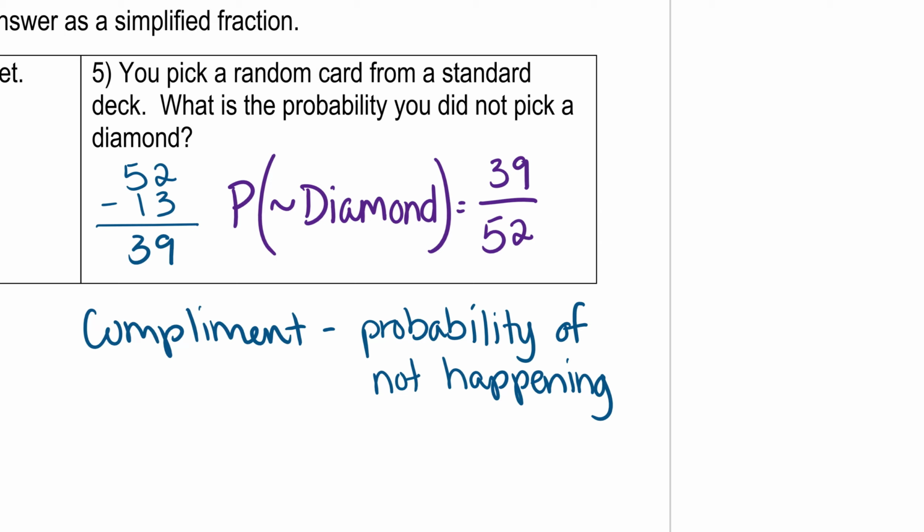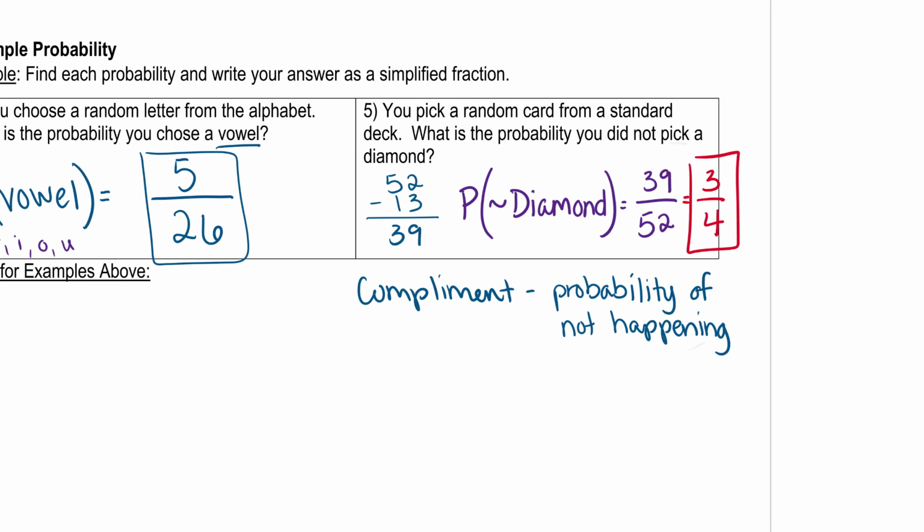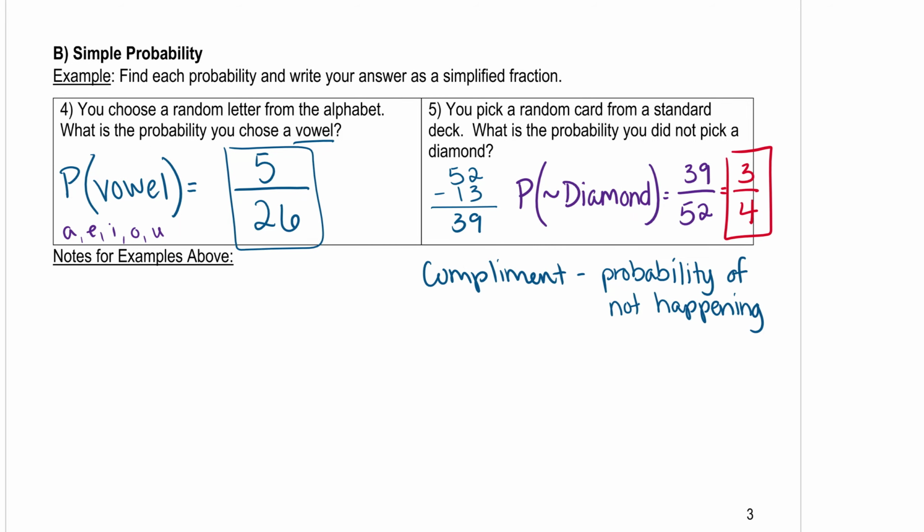And I can actually reduce that. 13 goes into those. So if I reduce that, 13 goes into 39 3 times, 13 goes into 52 4 times, and that would be my answer, 3/4. So the probability of not a diamond is 39 out of 52, or reduced, 3 out of 4. Okay? So that's all that is.